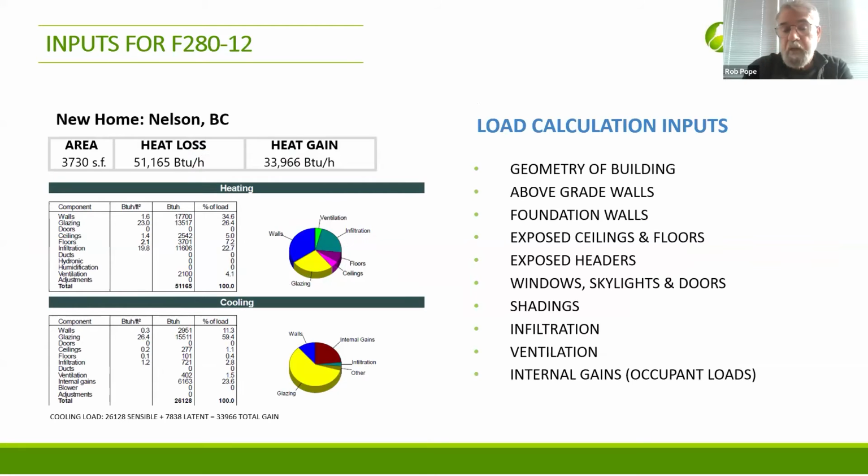So I know it's pretty intuitive, but of course, the geometry of the building, above grade walls, and foundation walls, exposed ceilings and floors, exposed headers, windows, of course, skylights and doors, shadings, infiltration matters, ventilation matters, and internal gains. That's kind of what makes up the inputs to determine the capacity requirements for your equipment.